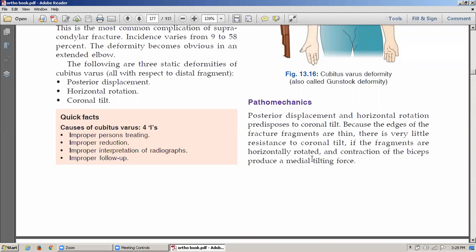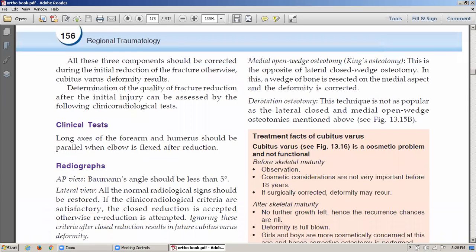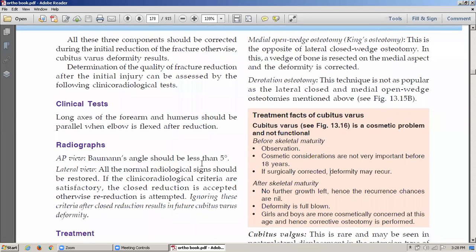If the fragments are horizontally rotated, contraction of the biceps produces a medial tilting force. All these three components should be corrected during the initial reduction of the fracture, otherwise cubitus varus deformity results.